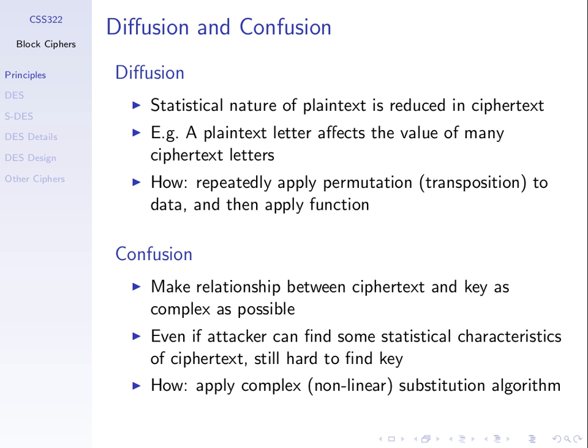In fact, later we'll see that there's a way to measure how much that impacts. One way to do that, and that's what the Feistel structure does, is to repeatedly apply permutations or transpositions. Remember, they're just rearrangements of letters, and apply some function on the output of those permutations.